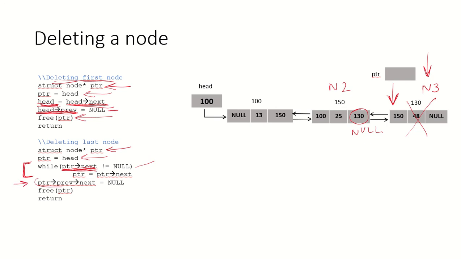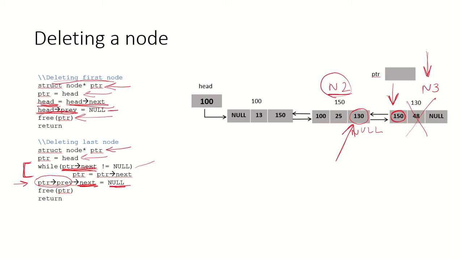So PTR arrow previous is 150. That means we are talking about node 2. And the next of node 2, that means this value, we will make it equal to null. So we have made the required changes in N2.